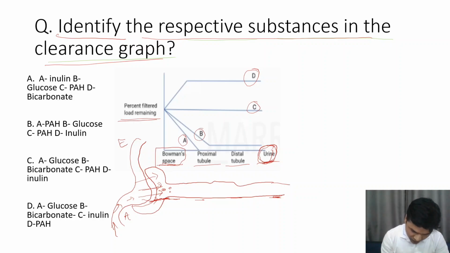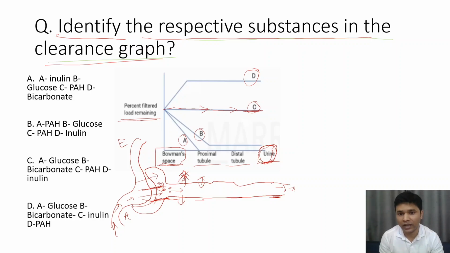So first, graph C. This is a straight line. Can you see this line is very straight? It means there is no change. Something is filtered here, and the substance is neither reabsorbed nor secreted. So whatever substance is filtered, that same substance reaches this level.